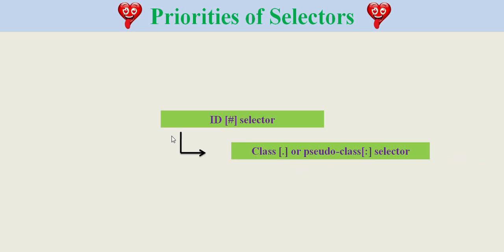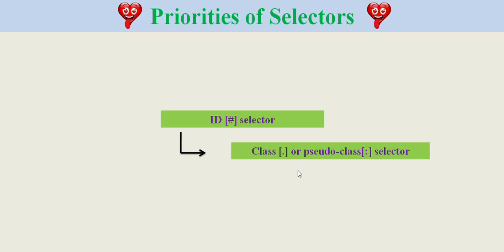And coming to the priorities of the selectors, within the three common selectors, ID selector, class selector and element selector, the first priority we give is to the ID selector.